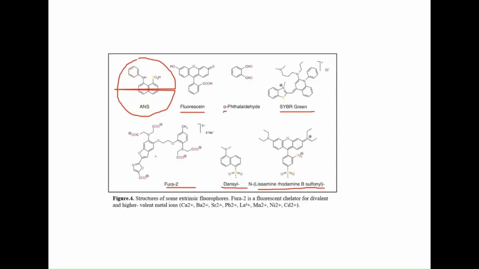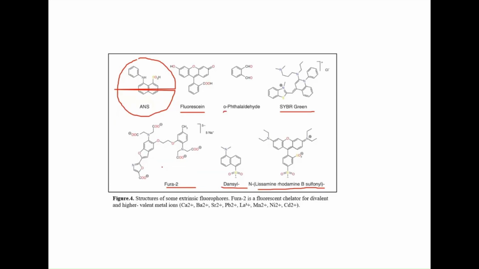This is one of the reasons why tryptophan, tyrosine, and phenylalanine are capable of showing fluorescence, because they have a benzene ring in their structure. They are aromatic amino acids, right? So the extrinsic fluorophores available commercially in the market are rich in aromatic groups. That's why they are considered to be extrinsic fluors.